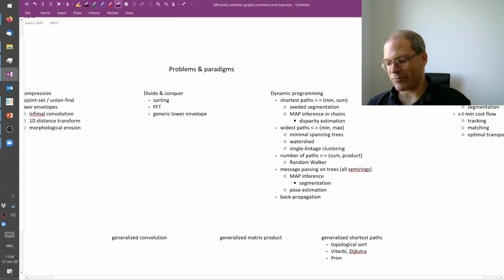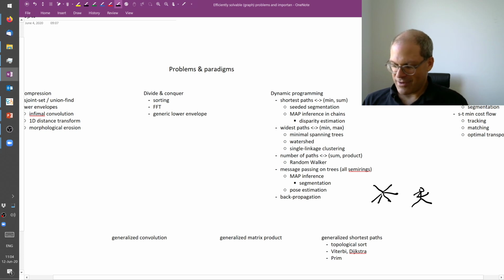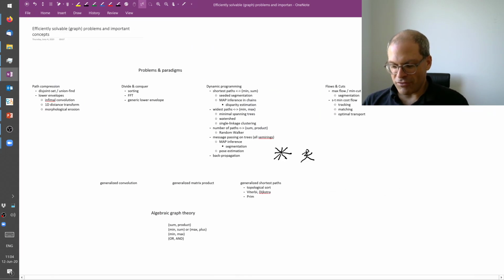We've used today dynamic programming on trees, and many kinds of trees, so stars or skeletons of humans, etc., have been used and are still being used in computer vision. And it's one in our collection of few problems that are exactly solvable efficiently.